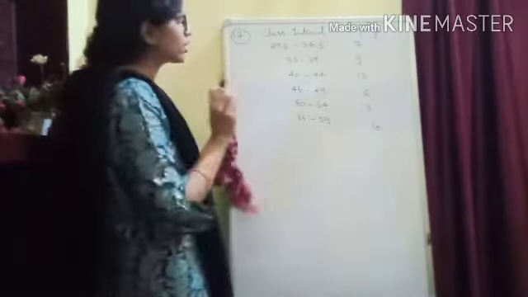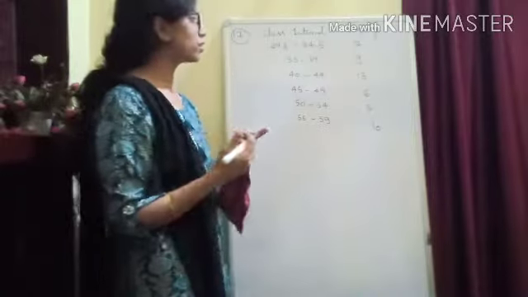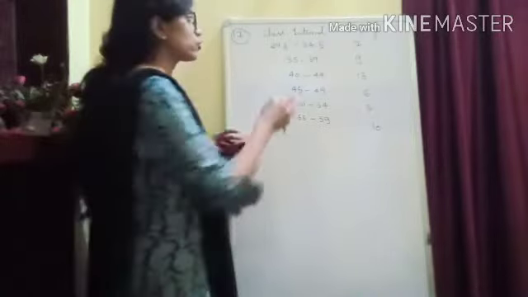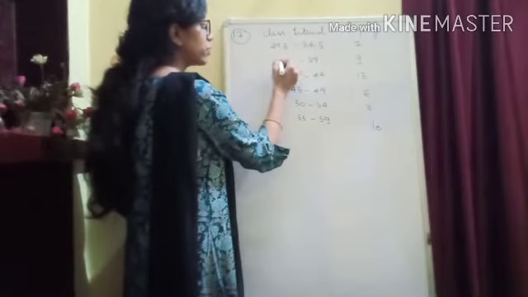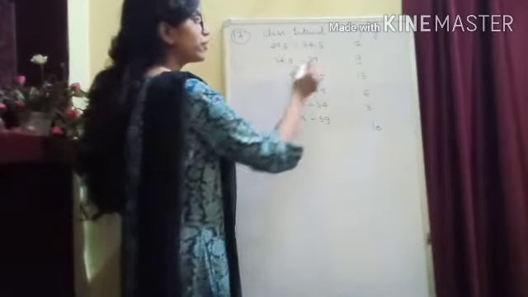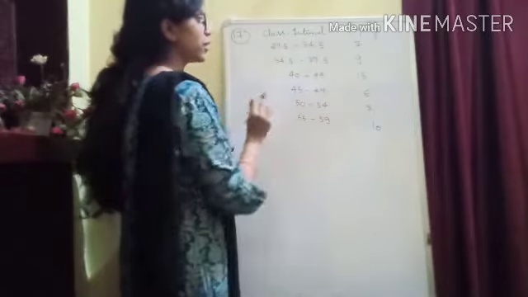Clear? Now we will do the same thing in all the classes. So it should be subtracted. When you subtract 0.5 from 35, it will give you 34.5. Added, that means 39.5.